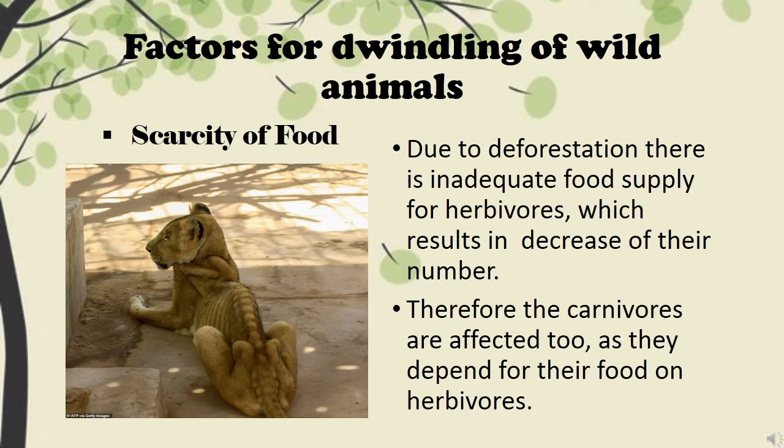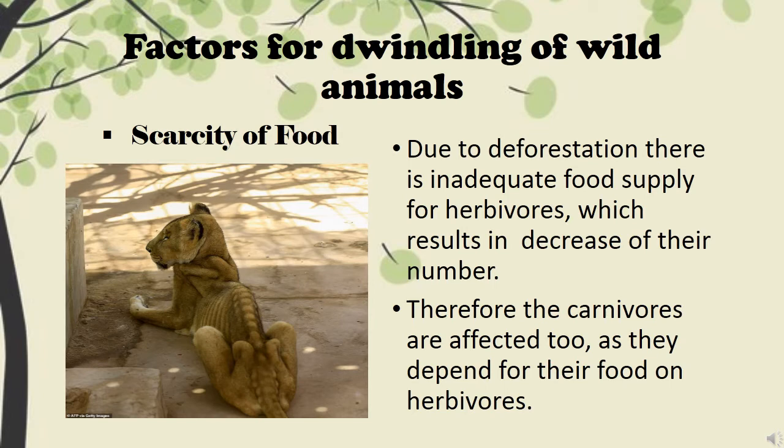This is due to various factors such as scarcity of food, hunting or poaching, habitat loss, etc. The government has of course taken various steps such as building wildlife sanctuaries and national parks to protect endangered species and provide these animals with a natural habitat.